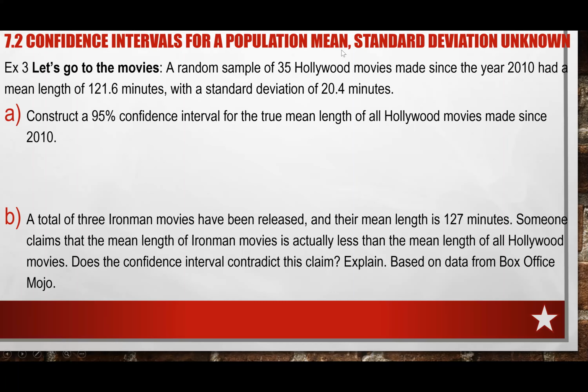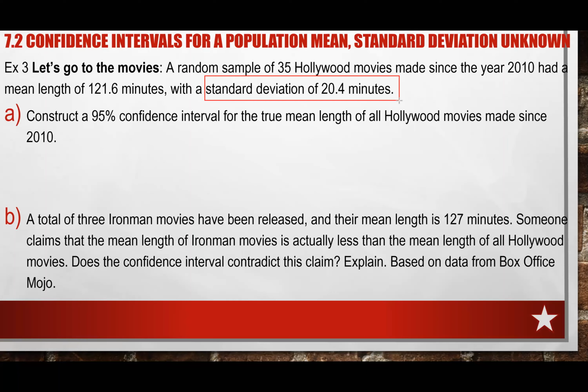One thing before we begin, ladies and gentlemen: if they don't spell it out and say the population standard deviation, or if they don't say sigma, which is the population standard deviation, if they write it this way, 99% of the time this is a sample standard deviation.